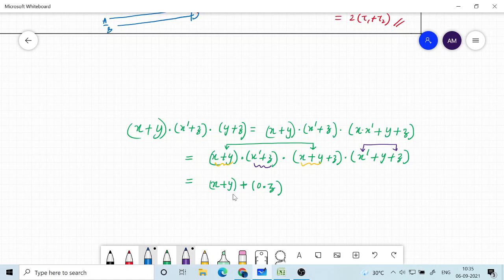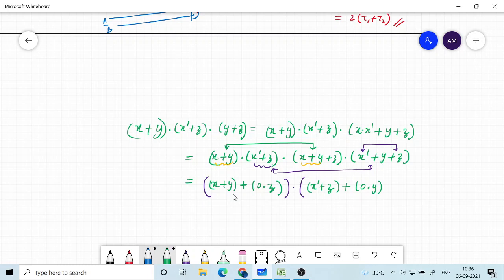Yes, sir. And similarly I can combine these two terms also. So this I will put in a bigger bracket, and here if I write in a similar manner, I will write x dash plus z plus 0 dot y.